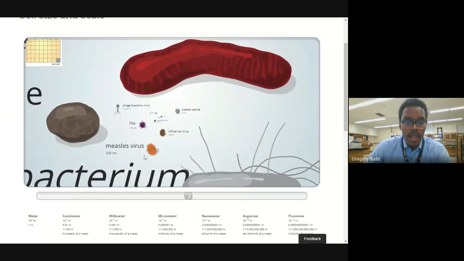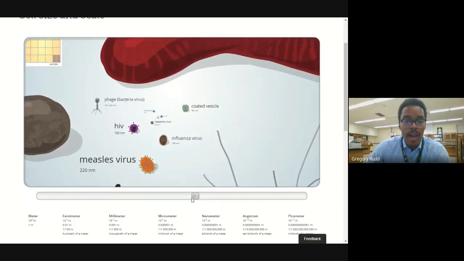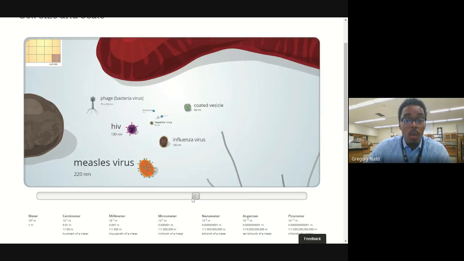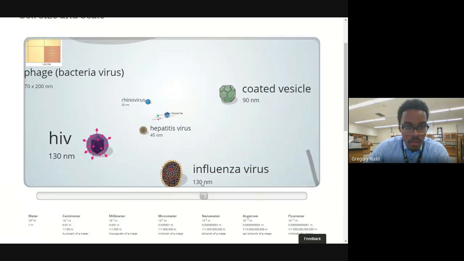We can look at the virus that causes measles, which is 220 nanometers in size. I would need to divide my meter stick into 1 billion equally sized slivers in order to be the size of this measles virus. But then there's the virus that causes the flu, which is 130 nanometers.